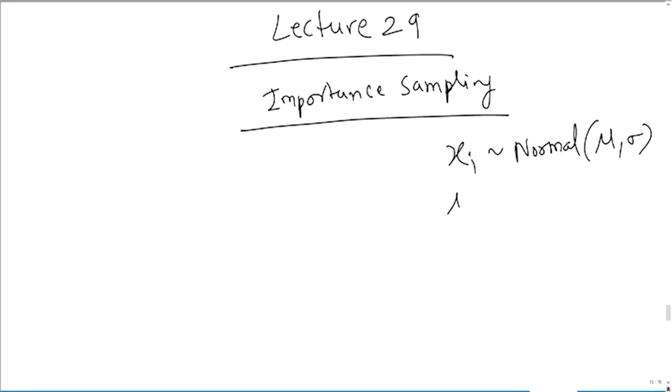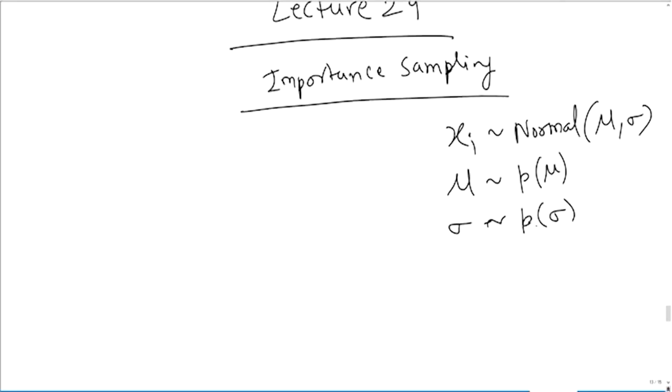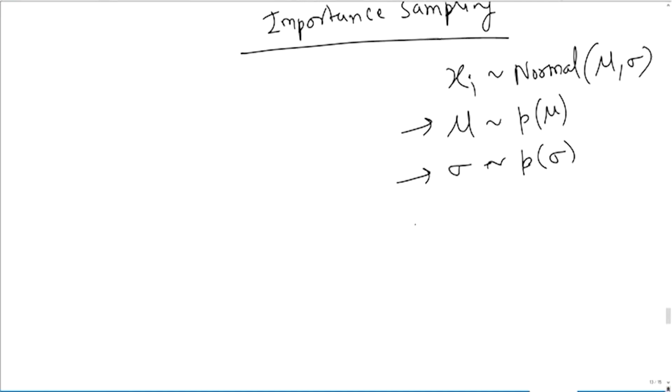And then you set up some prior on mu, let's say P of mu, and a prior on sigma, P of sigma. Okay. So in this case, you will need to estimate the posterior distribution of mu as well as the posterior distribution of sigma. Okay. So what is the problem if you do it through grid approximation?